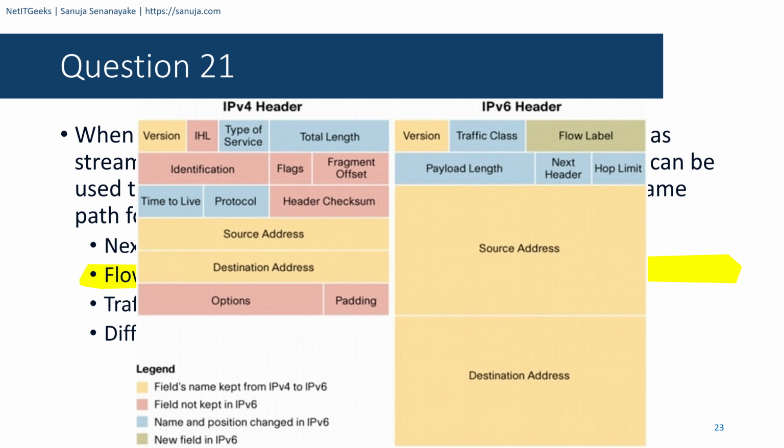So it maintains the same path and same flow using that flow label. If you don't remember the IPv4 and IPv6 headers, at least memorize this diagram. This is directly from Cisco.